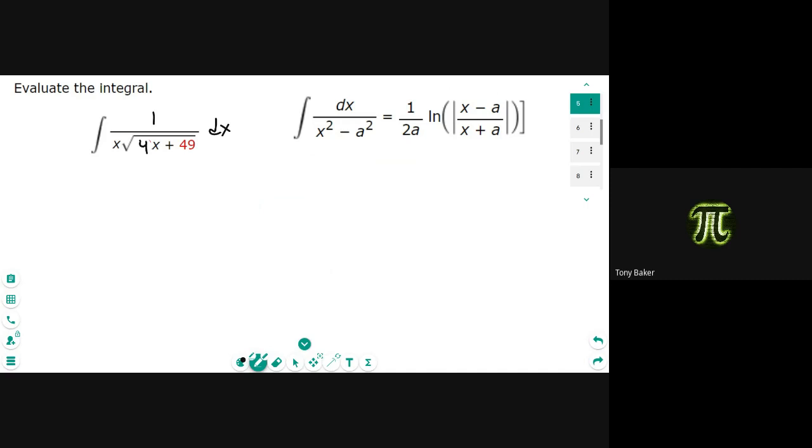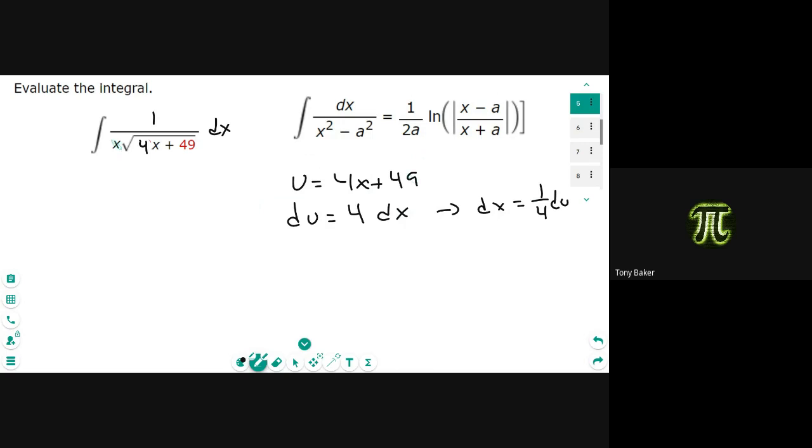So what's the annoying piece of this problem? That square root. So let's say we make u 4x plus 49, then du is 4 dx, so dx is 1/4 du.